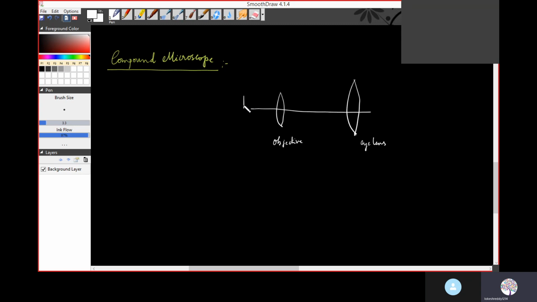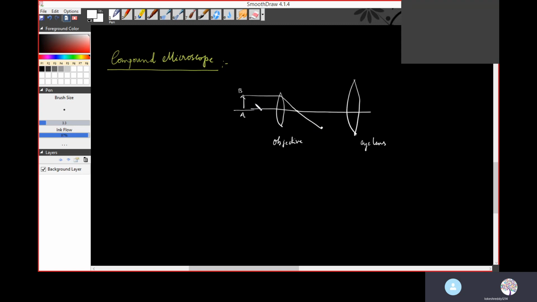Now I'll place an object here, say AB, so it shows whether the image is inverted or not. In the ray diagram, you focus like this and it forms an image here.